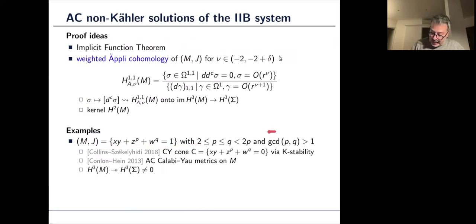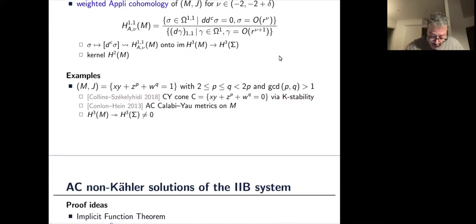And then this condition is necessary to guarantee that the non-closed piece of the Aeppli cohomology is non-zero. This follows from Milnor's study of the topology of these affine varieties.